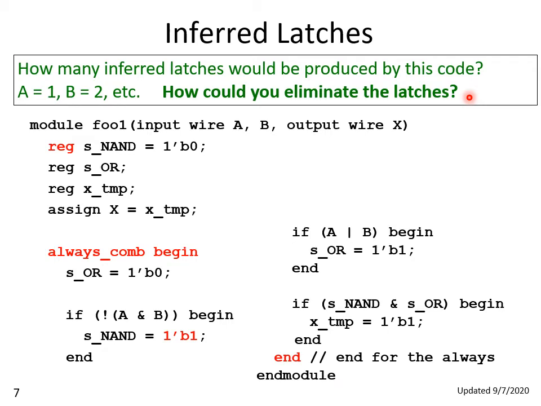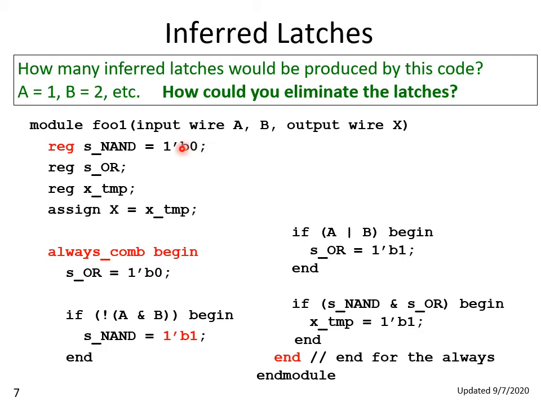Okay, coming back, let's look through it and see how many latches we are going to get from this. Well, I'll analyze the code. One thing I want to point out is that setting a value of 0 in the declaration of this variable ends up having no influence on the circuit that's produced.